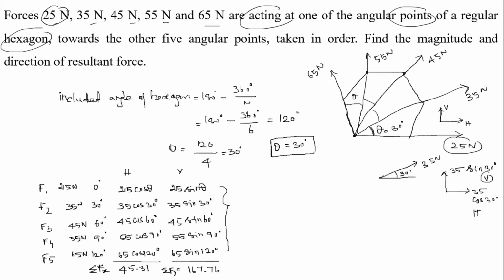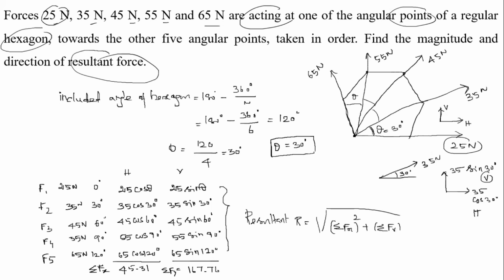Now we have to calculate the resultant force. What is the formula? The resultant is equal to the root of the summation of horizontal forces squared plus the summation of vertical forces squared, right.